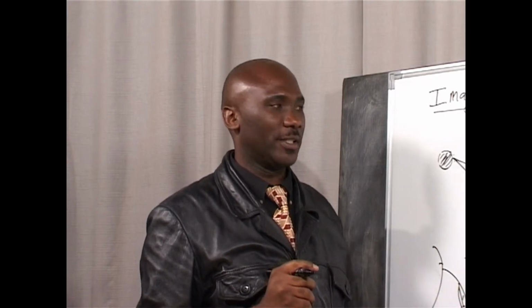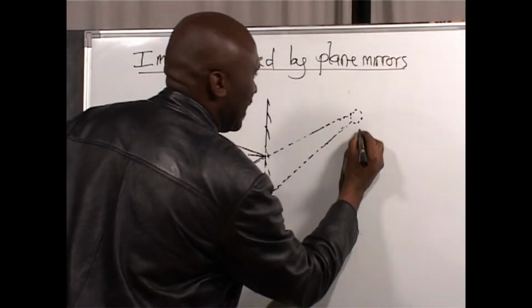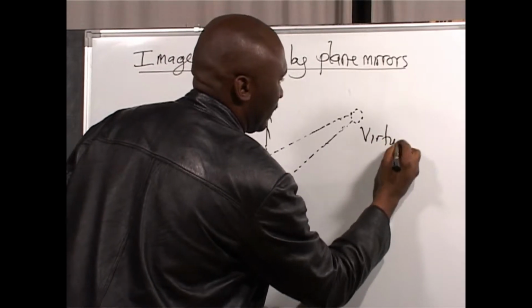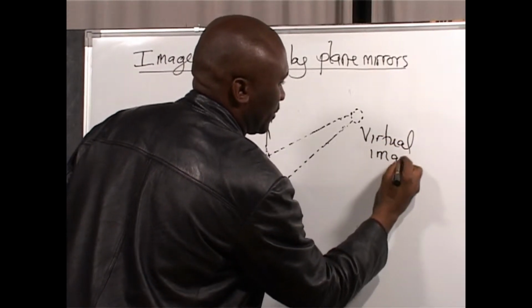This image is not a true image. It's not a real image because light is not actually coming from that point. We call these images virtual images. So this is a virtual image. It is the opposite of what we call a real image. A real image will be formed if light was actually passing through the point where the image is seen.